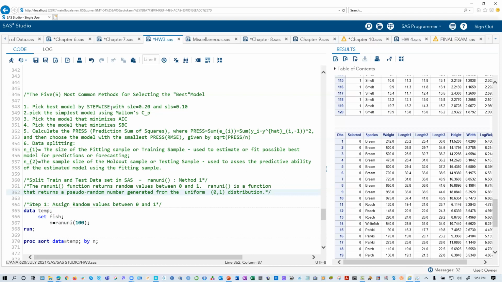See, even look at the stepwise model, it is the best model by stepwise with the SLE 0.20 and 0.10, not 0.05. 0.05 is not a good compromise between the power and size of the test. So many things are involved with this one.